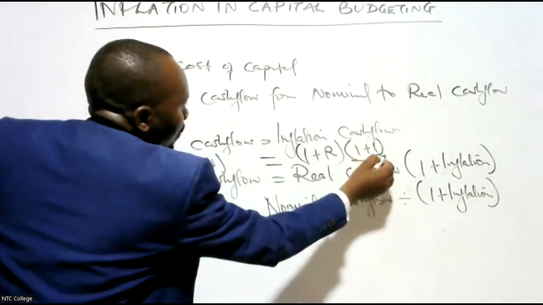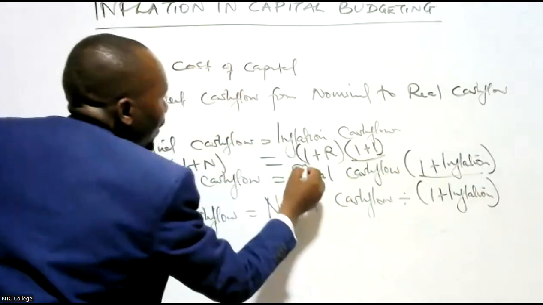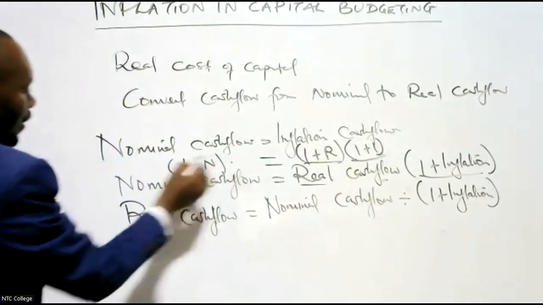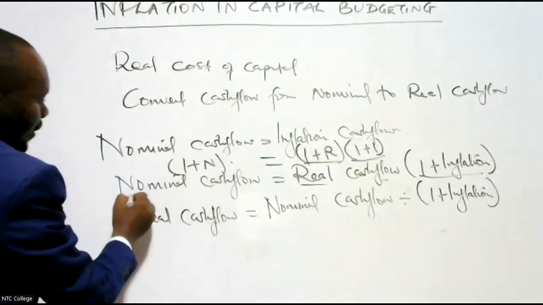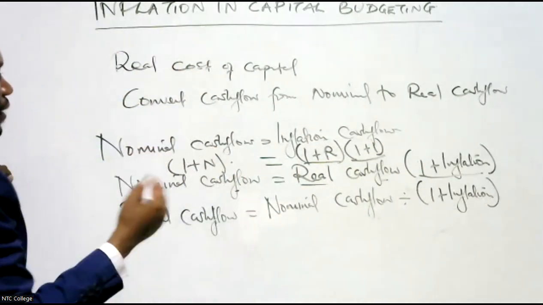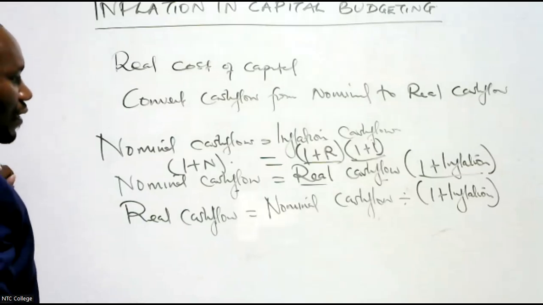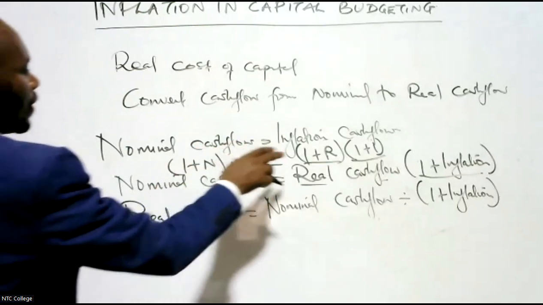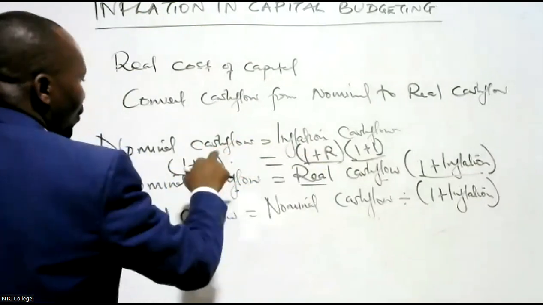So this is the inflation. This one is the same as this. Hii ni rate ya real, but sasa ni cash flow. Hii ni rate ya nominal, but is now nominal cash flow. So they are basically the same thing. And that is how you can also convert the real to nominal or nominal to real.